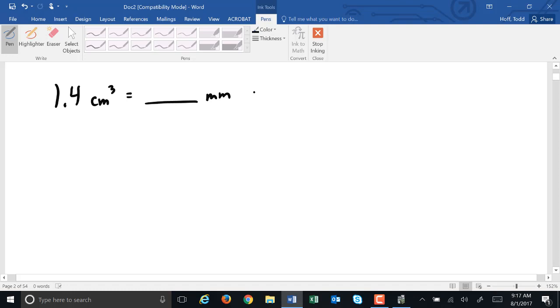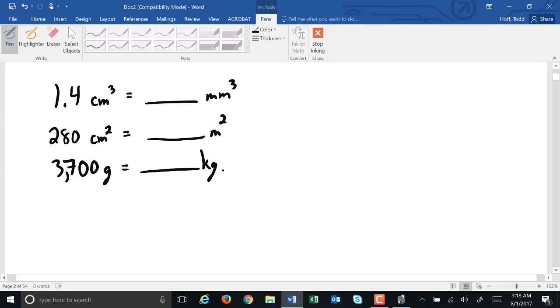Convert 1.4 centimeters cubed into millimeters cubed. 280 centimeters squared into meters squared. 3,700 grams into kilograms. 14 pounds into ounces. 5 square feet into square inches.